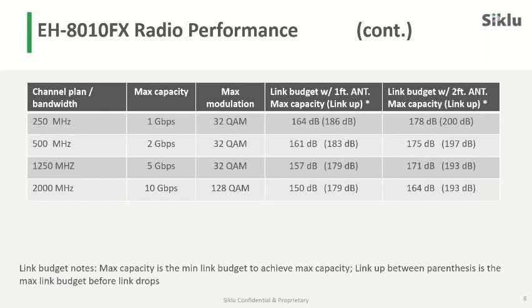Except for the 2000 megahertz, the modulation maximum is 32 QAM, with the capacity of 1, 2, or 5 gigabit, depending on the channel bandwidth that is selected on the radio. If you want the 10 gigabit, the only option is to go with the 2000 megahertz channel bandwidth.